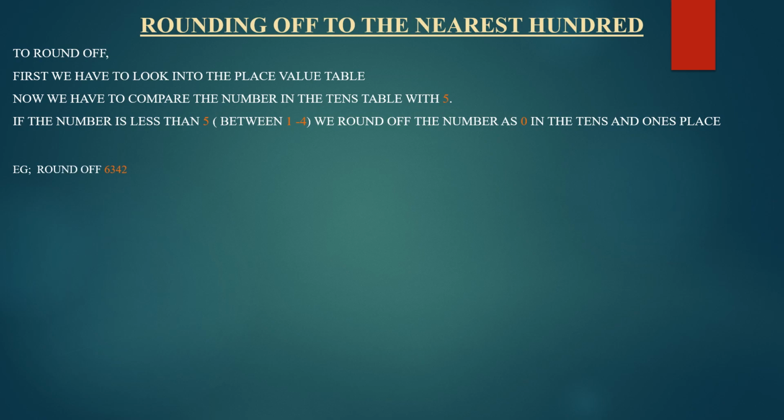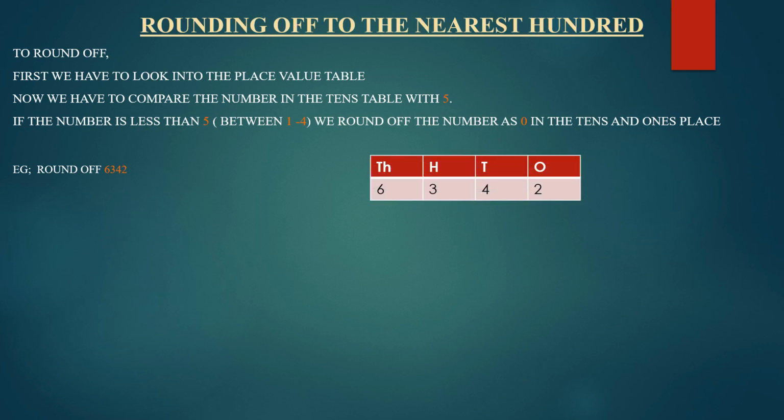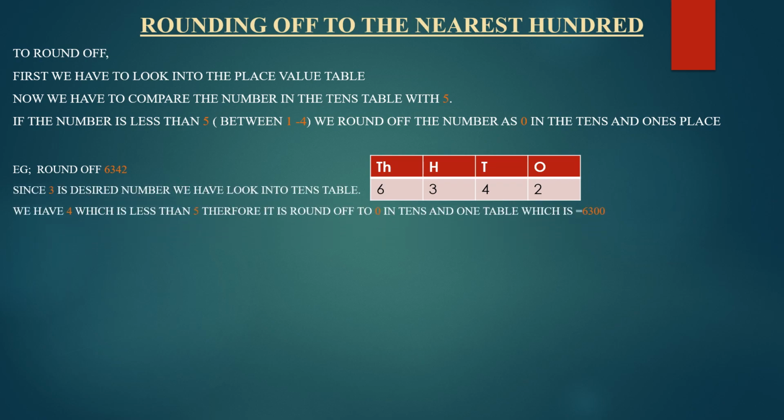I will show you the example, it will be quite clear. We are going to round off 6342. You see, we have drawn the place value table, thousands, hundreds, tens and ones, and we have given the values. Now our desired number is 3, since it is in the hundreds place, and we are going to round off to the nearest 100.